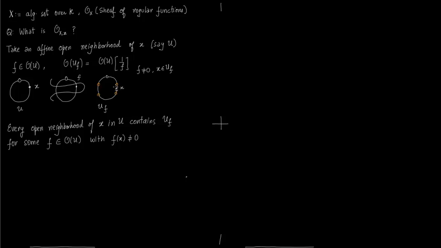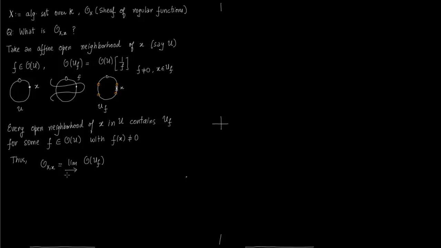So now you have constructed a sequence of neighborhoods, where one neighborhood is contained in the other. Now you can take another function g and try to cut it in U_f, and you will construct another set inside U_f. So you have created this directed set which is ordered by inclusion of open sets.